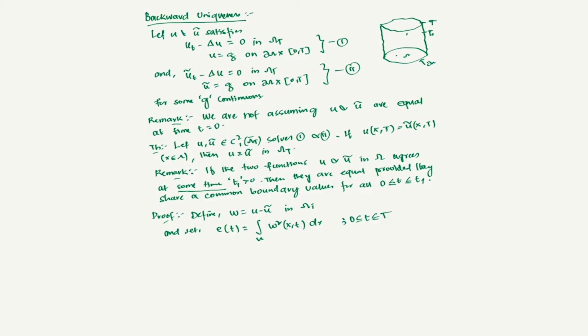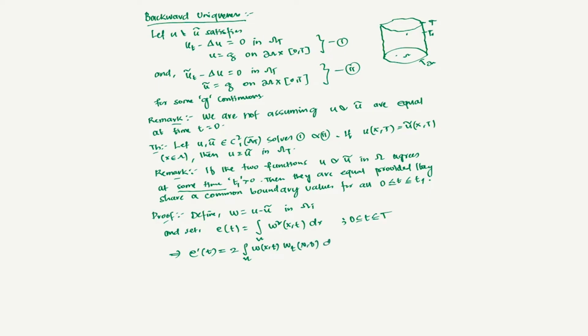Then of course w, which is u minus u tilde, is twice continuously differentiable with respect to x, and once continuously differentiable with respect to t. So essentially this function e of t is thrice differentiable. So I can take at least one derivative here. If I take one derivative, that will give you 2 times the integral over omega of w times w t, of x,t.